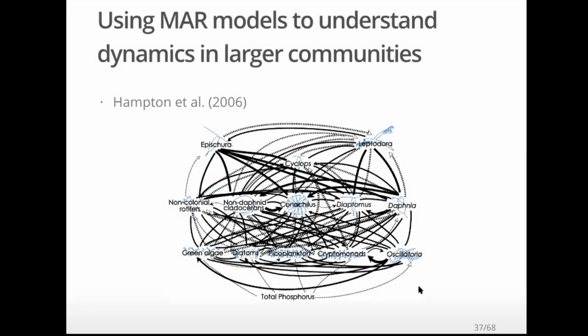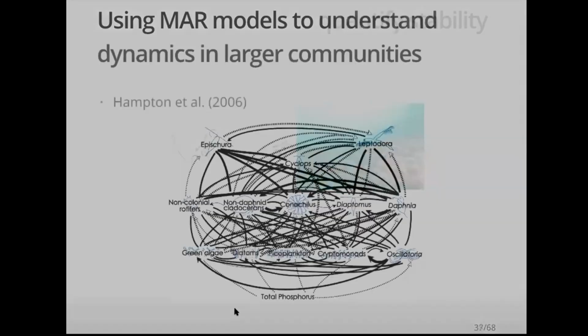All right, so let's use another example, and this is the example from Lake Washington. So this is a much more complex example, and here is a food web, in a cartoon version, showing the interactions between a subset of the lake species, and then below, one of the key covariates that was used in the model.